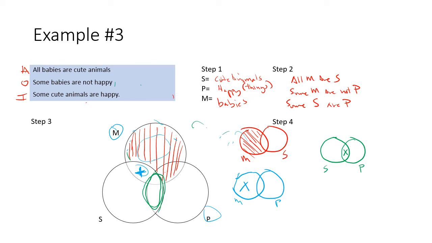And that is not going to do it. So that means that it's possible for the conclusion to be false, even if both of the premises are true. So the argument is invalid. All right, so that's it for example number 3, and we'll move on to example number 4.